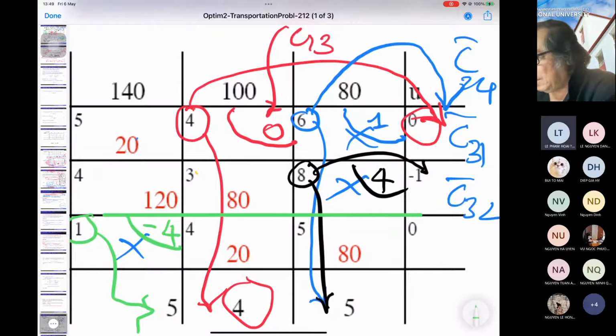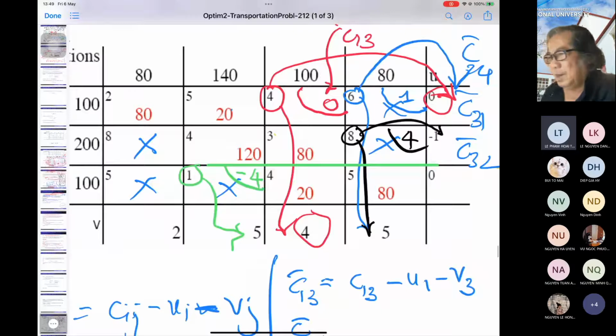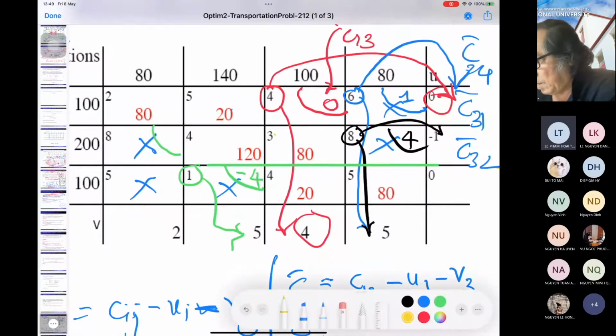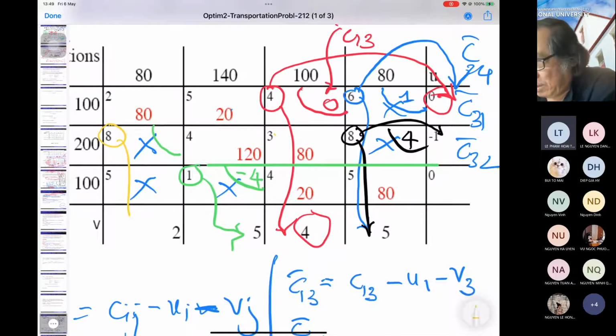And what number more? One more. Who can tell me C bar 2,1? It equals 8 minus 2 minus minus 1. 8 minus 2 is 6, minus minus 1 is 7.